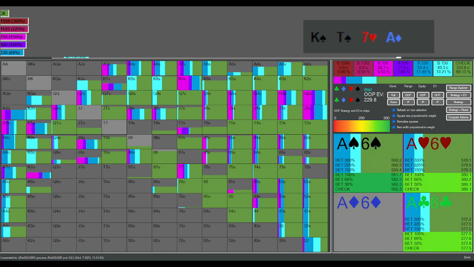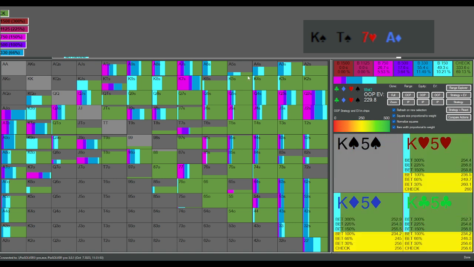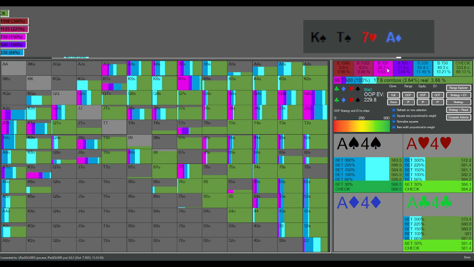So it should not surprise you that the ace turn exploitatively is just not going to be as favorable for the out of position player. So we're going to be betting less often. And when we do bet with something like a low ace, we're just putting fewer blinds into the pot than we otherwise would. We're just letting in position do a lot of the betting for us.